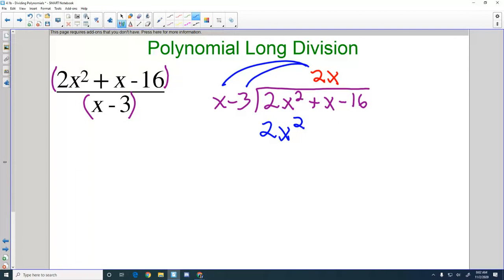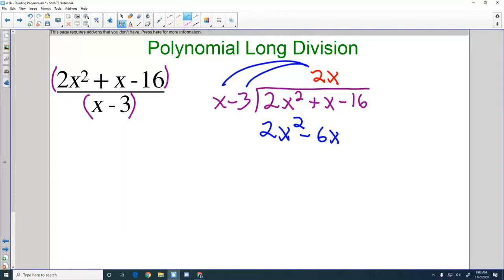But then I take 2x times a negative 3, and I get negative 6x. So you multiply, and you write that product underneath, making sure things line up, like see how my x is still lined up with that negative 6x. Does anybody remember with long division what we do next at this point? We subtract, exactly.